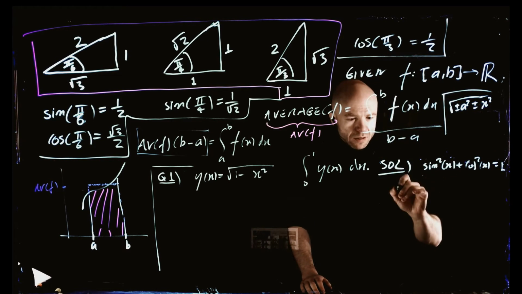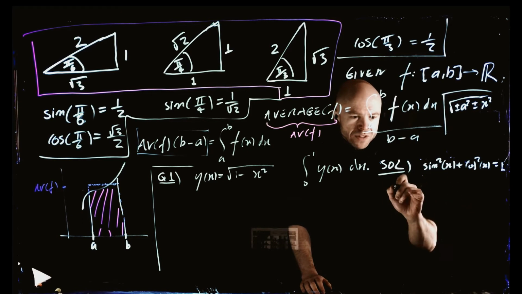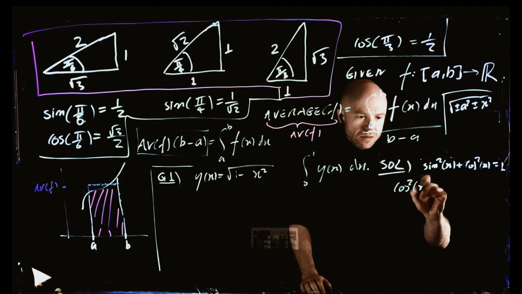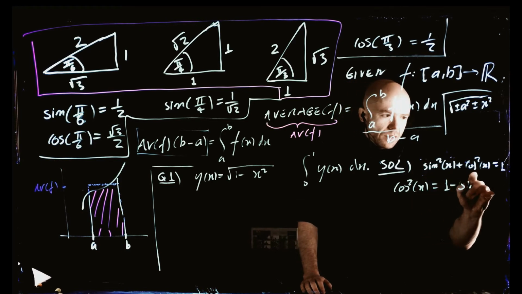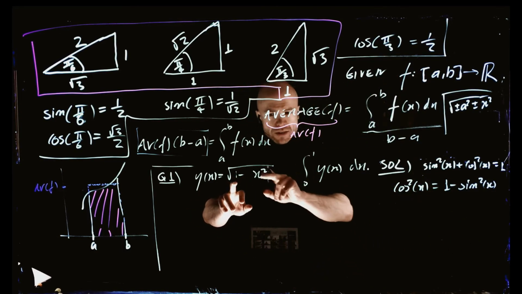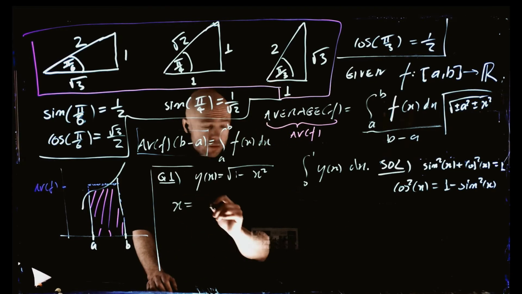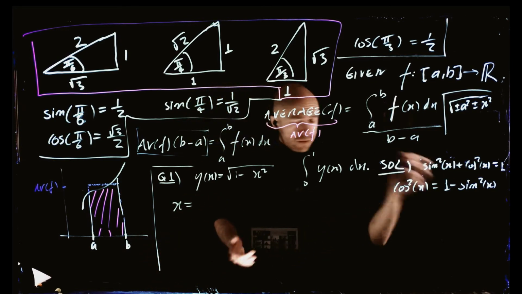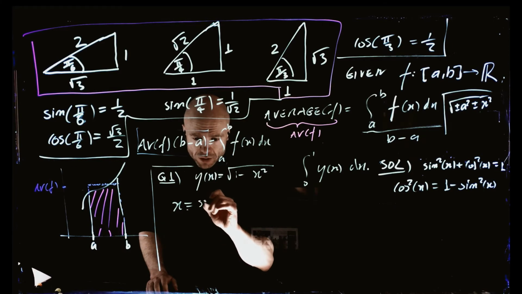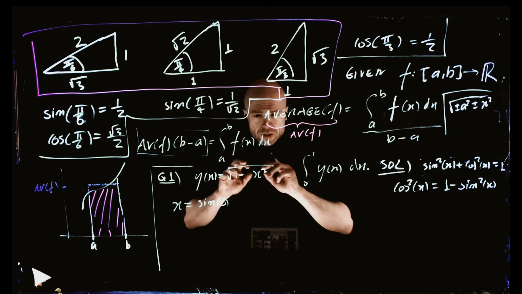But if we look at this, cosine squared of x equals 1 minus sine squared of x. And we see that that is the thing that we want. We want to stick in x equal to, let's call it, sine of theta, to exploit this structure to kill the square root.